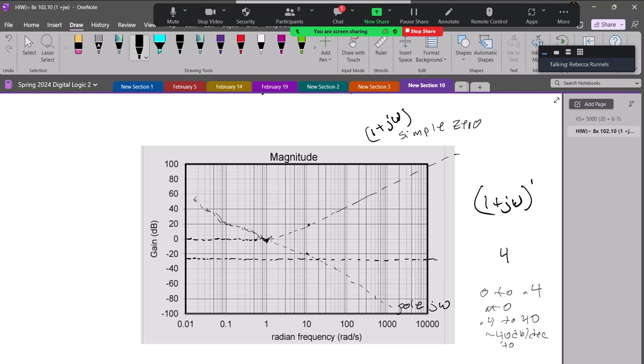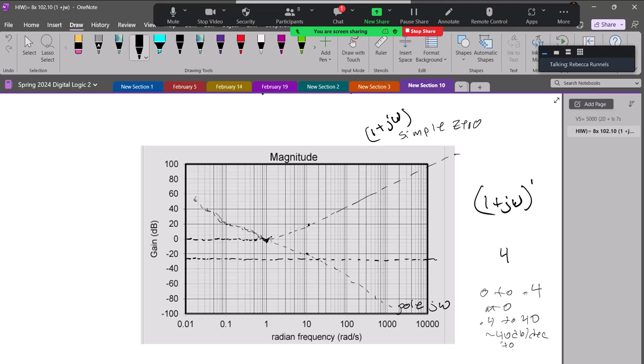So it will look like, is that when he says go up a decade and go down a decade and continue the slope? Similarly, this uses the corner frequency, and then he says go up a decade and then go down a decade. He just uses the corner frequency and says go up and down. Oh, that makes sense.